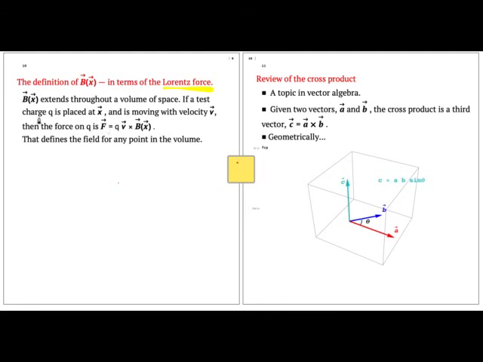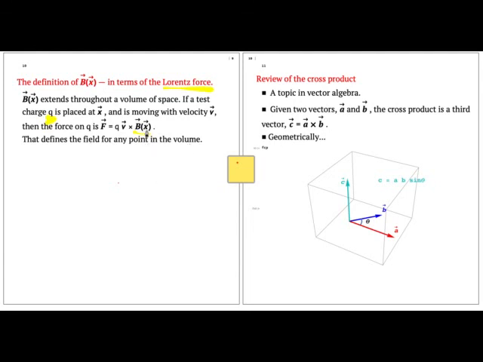We could observe the acceleration of the little test charge. So here's a test charge. It has electric charge q. You put it at some point x, you give it a little velocity, and you observe its acceleration. Well, from that you can determine the force acting on it. And the force is qv cross B. So measuring the force F is equivalent to measuring the magnetic field B. So that defines the field at any point in the volume.